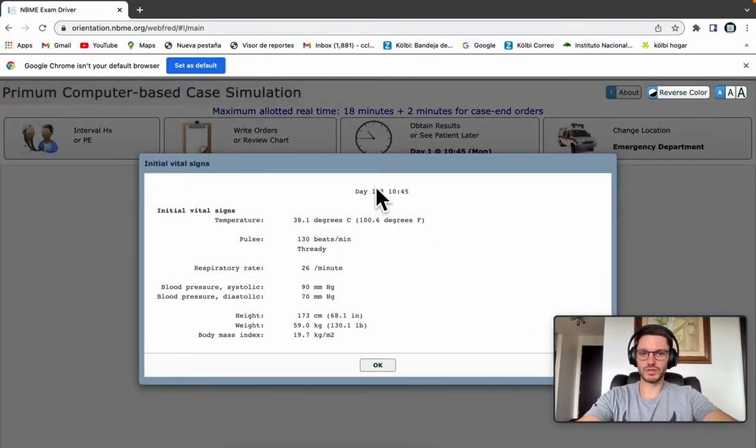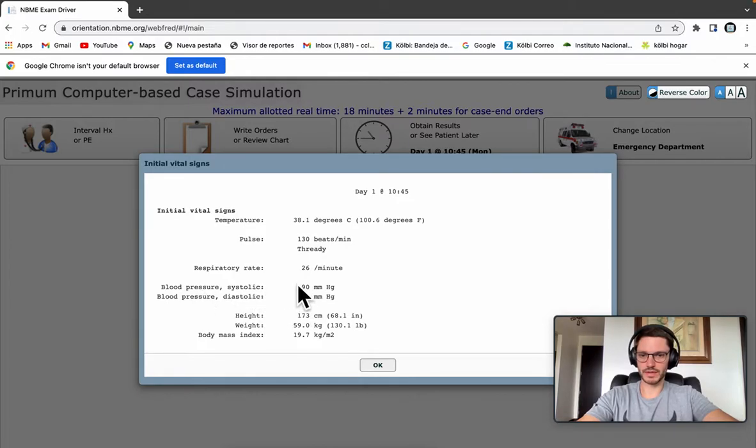Now we're moving on to the vital signs sheet. She is febrile. Remember that for USMLE purposes, 38.0 and above, which would be 100.4 degrees Fahrenheit, is fever. So she's febrile. She is tachycardic, and the pulse is thready, so pulse is diminished. This is important. She's pretty weak.